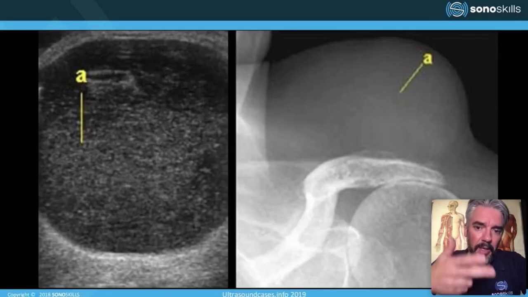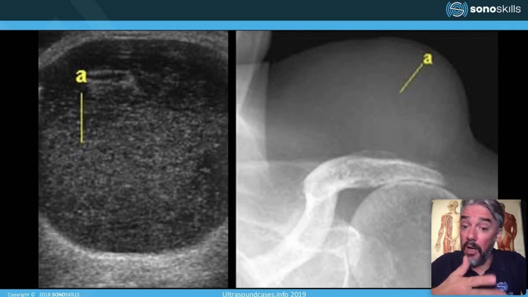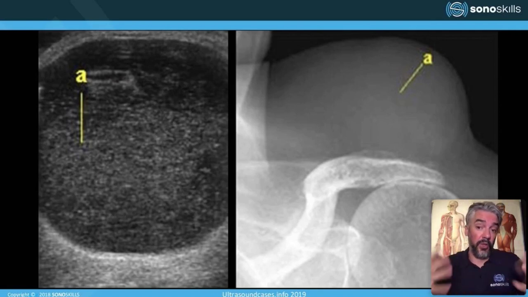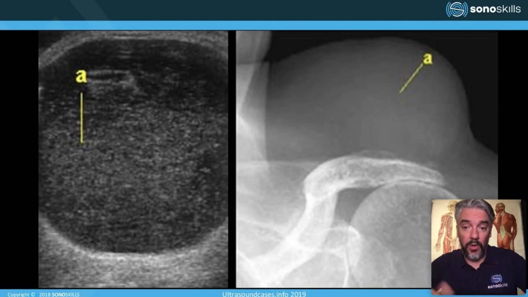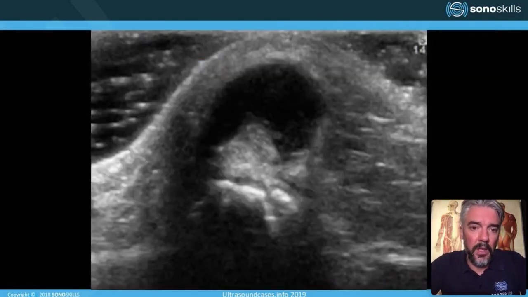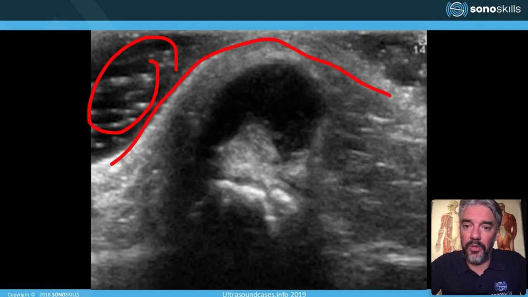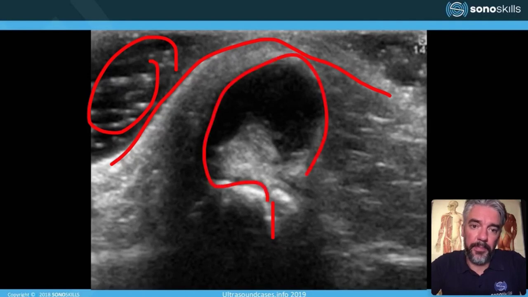And then you can see the content within, and then you can decide, do I want to aspirate or do I want to do something else? Using a gel standoff, this is gel, the skin, and you can see that in this case, through the AC joint, we have this fluid going up.